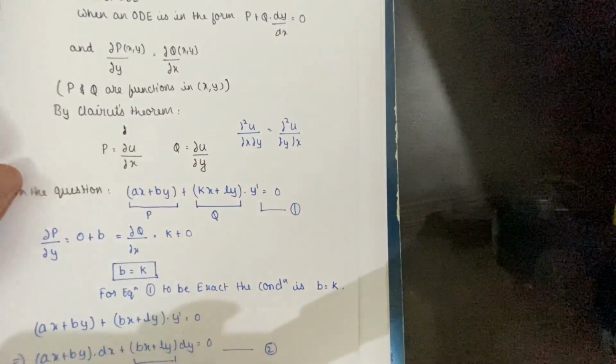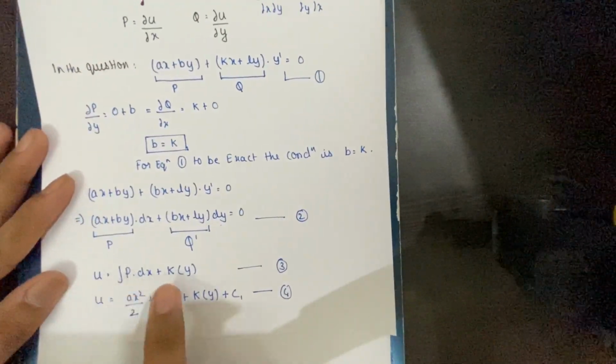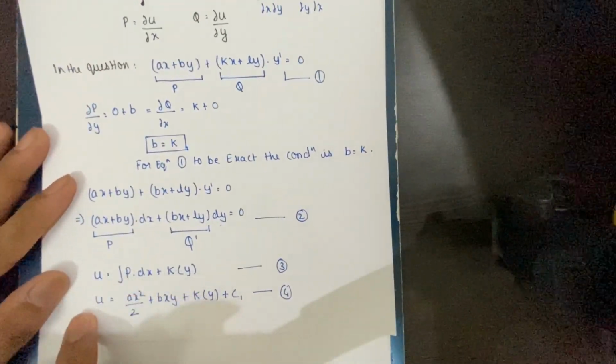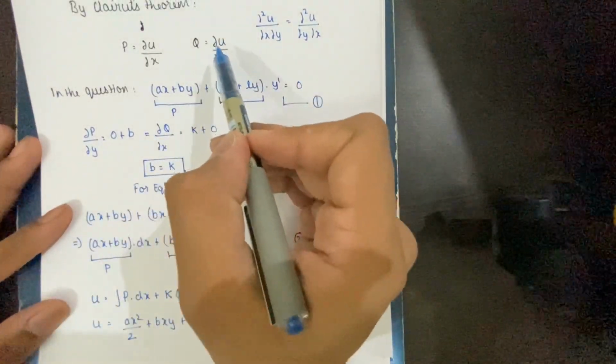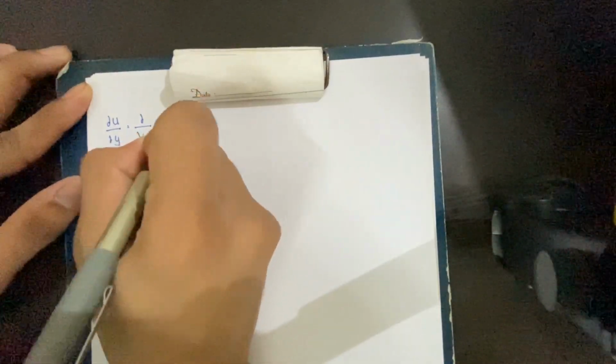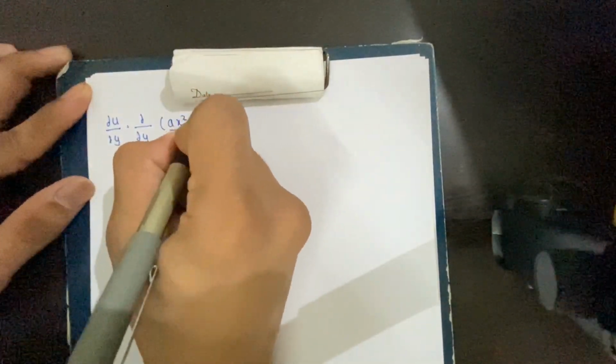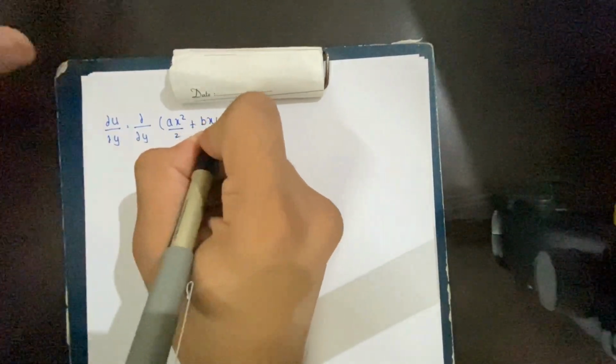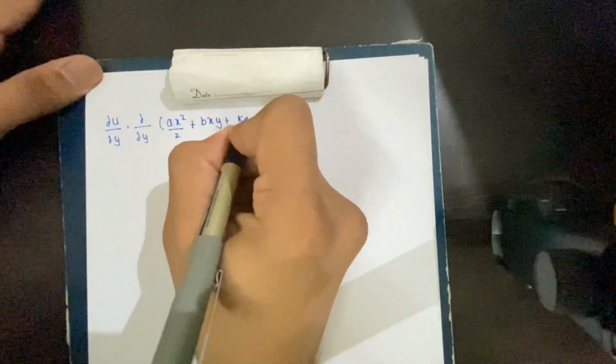I went from p, and u is equal to the integral of p dx plus k of y, and now I am going to apply this derivative so as to equate it to q dash. So du/dy equals the derivative with respect to y of (ax square by 2 plus bxy plus k of y).